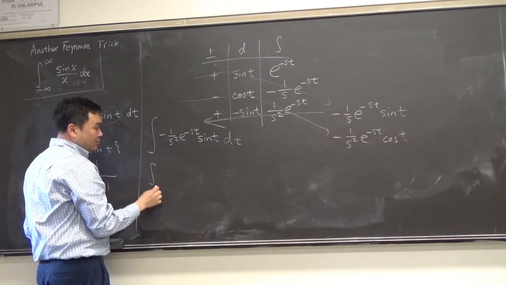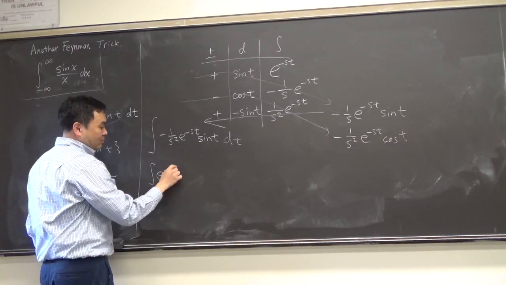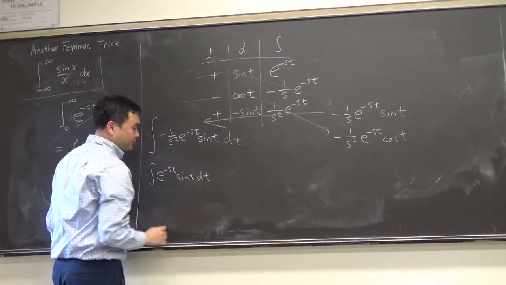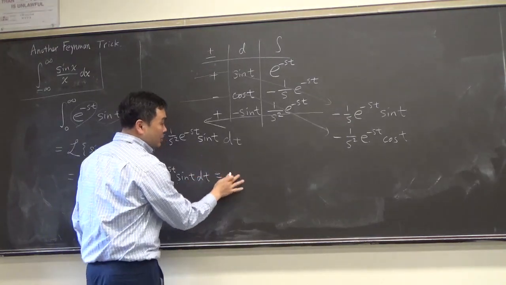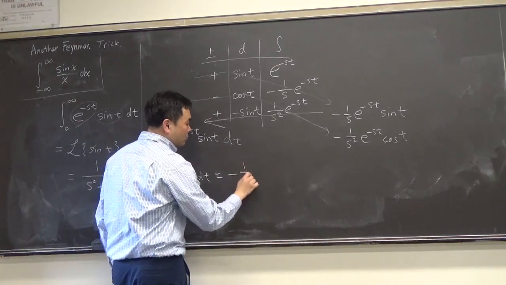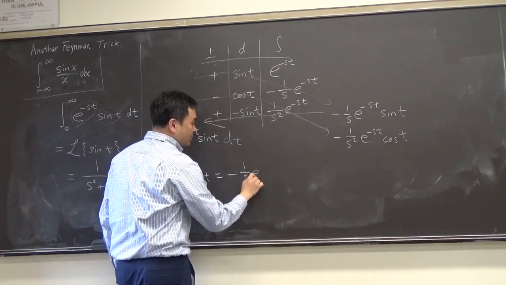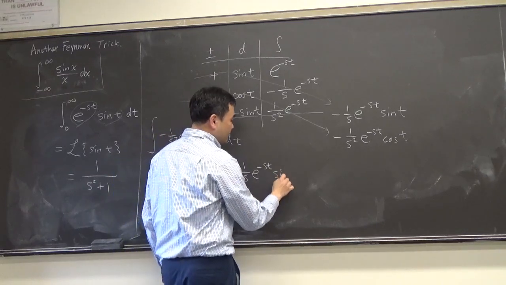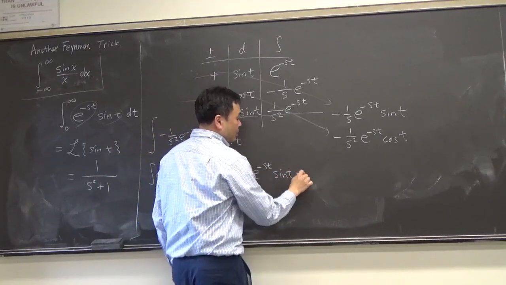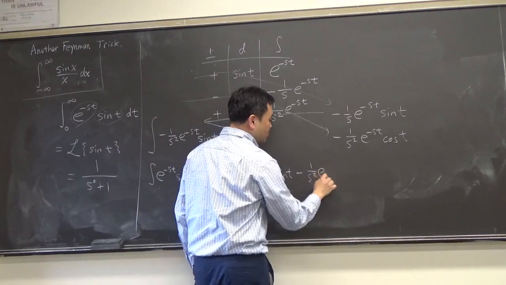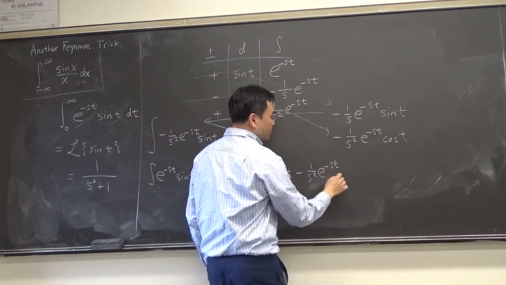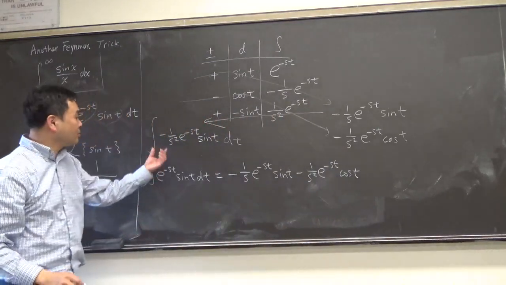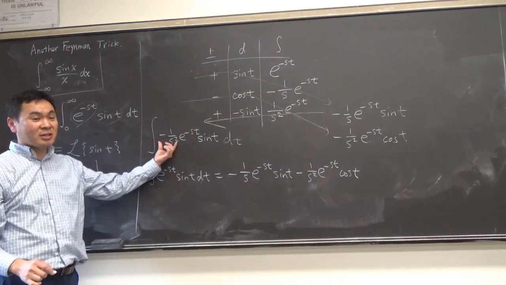If you integrate e to the negative st sine t dt, that's going to be equal to negative 1 over s e to the negative st sine t, minus 1 over s squared e to the negative st cosine t, plus this one, but let's bring this negative 1 over s squared.